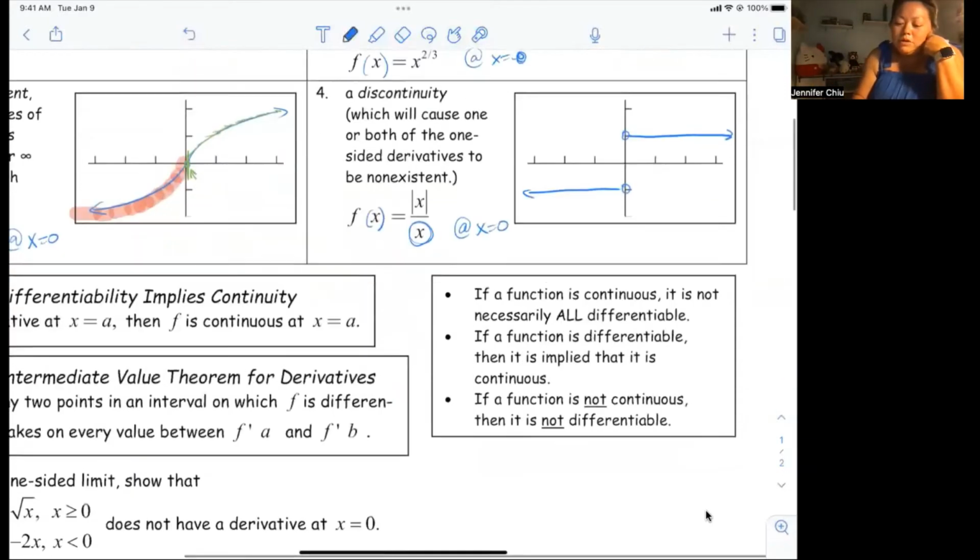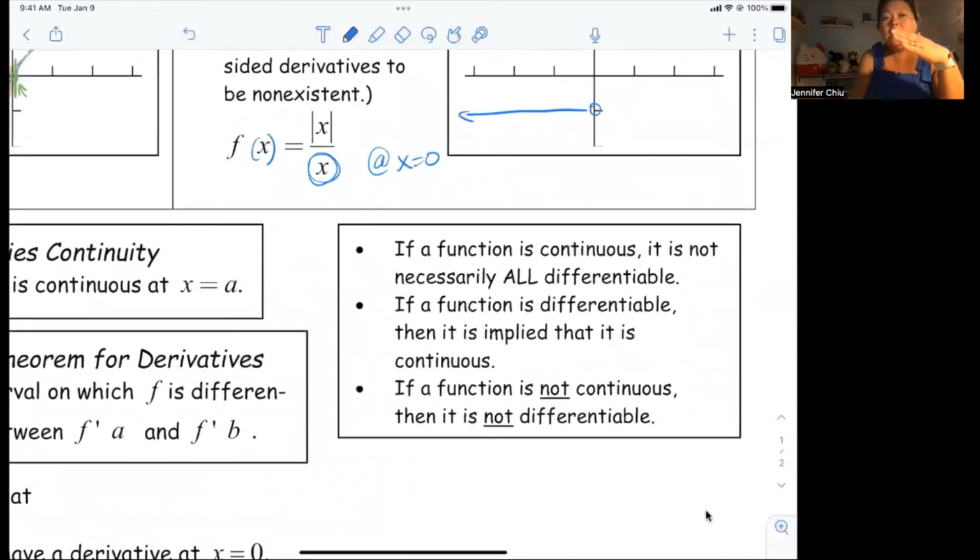So right here, I'm trying to remind you that in examples 1, 2, and 3, the function is continuous, but it's not differentiable everywhere. There are places where it's not differentiable, especially those vertical tangents, cusps, and corners, right? If you know a function is differentiable, it implies that it is continuous. It is always going to be continuous, because to have differentiability, you have to have continuity.